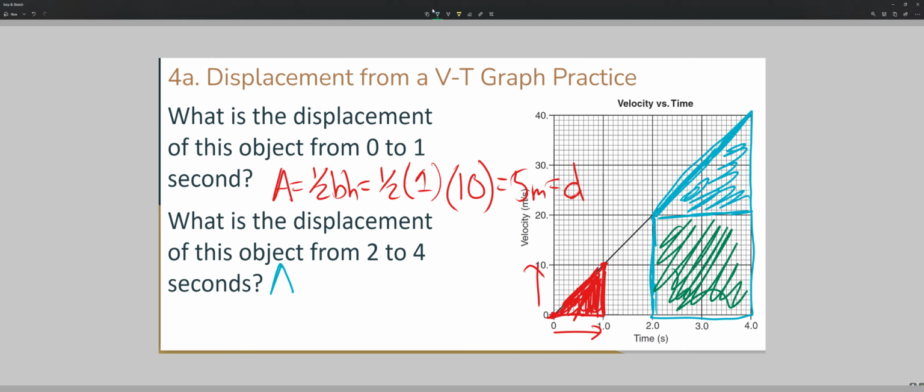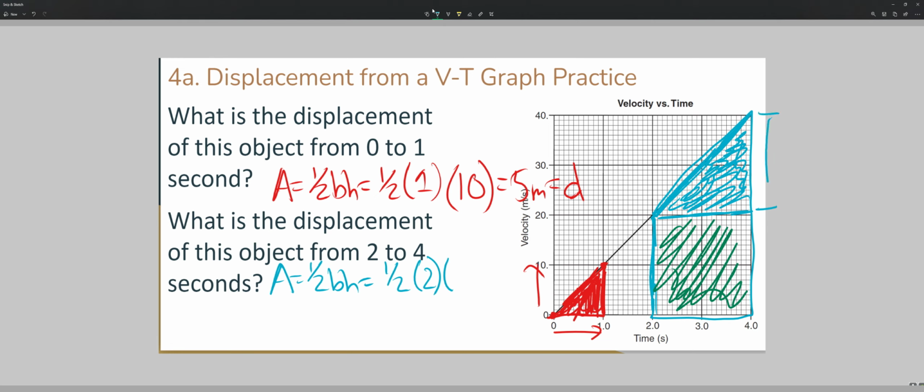The area of that triangle, again, is 1/2 base times height. My base is 2, because you go from 2 to 4 seconds.